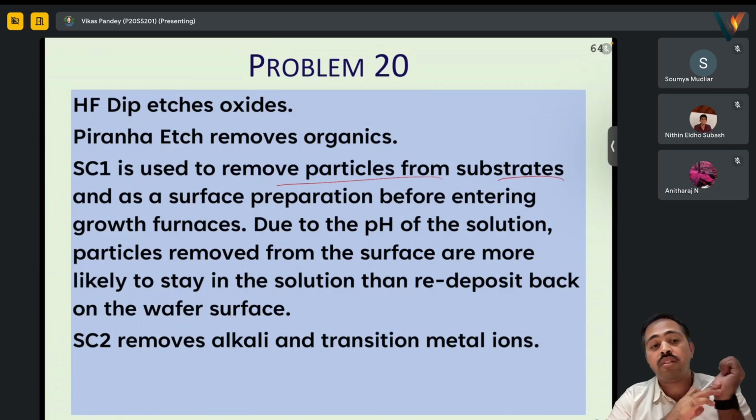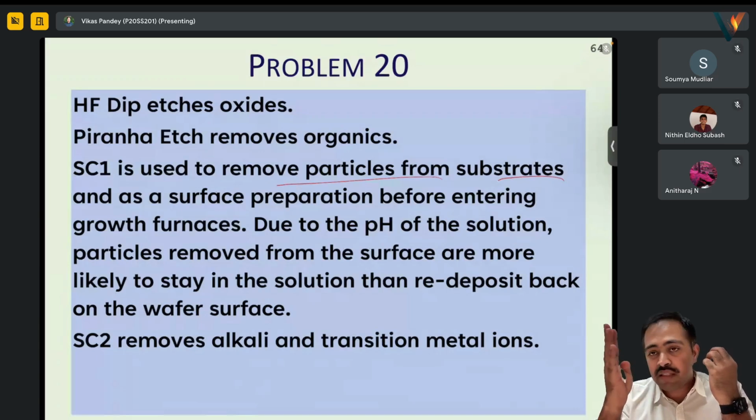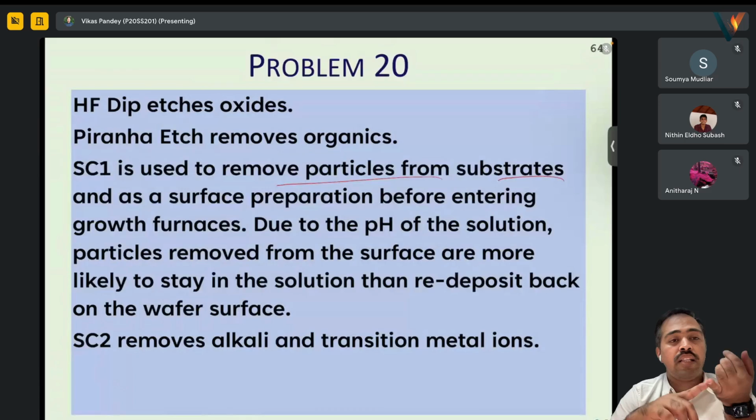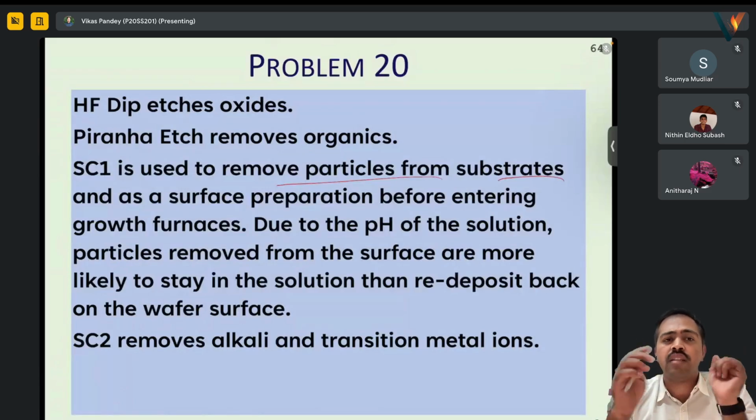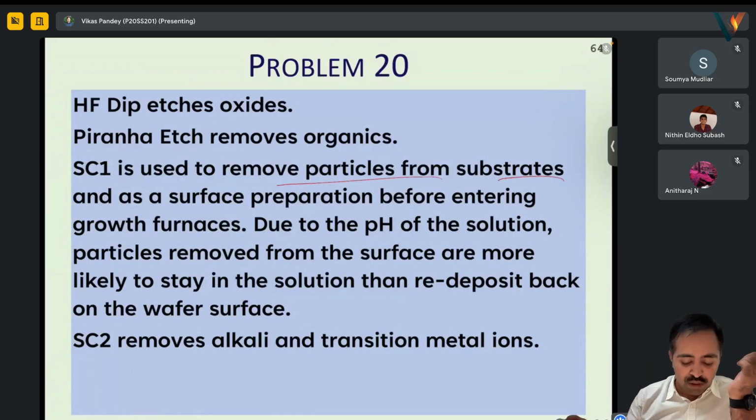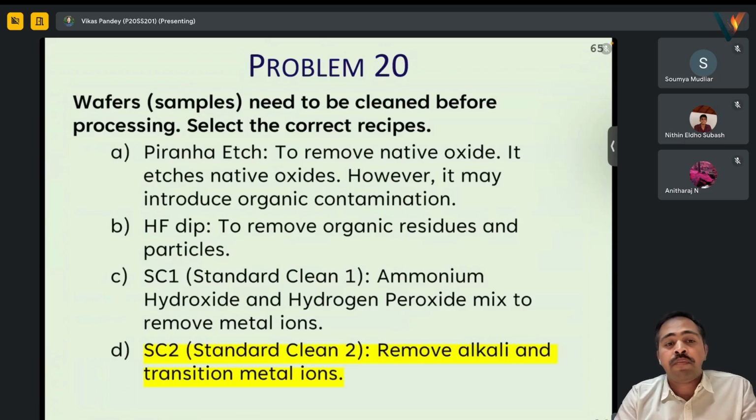And then comes SC2, to remove alkali and transition metal ions. The HF dip is done at the last because SC1 leaves an oxide layer on top and that is removed by the HF dip. So the only correct answer in this case will be D, that is SC2, which removes alkali and transition metal ions. Fine.